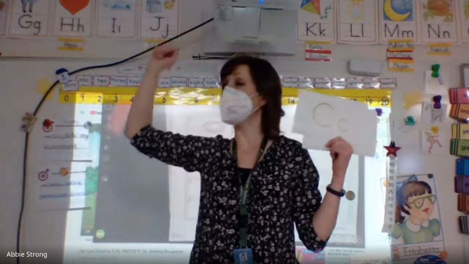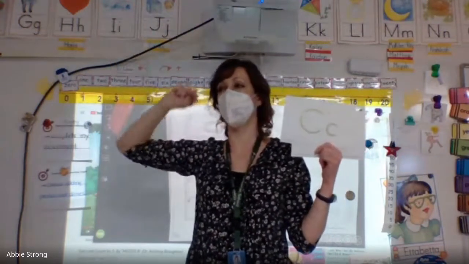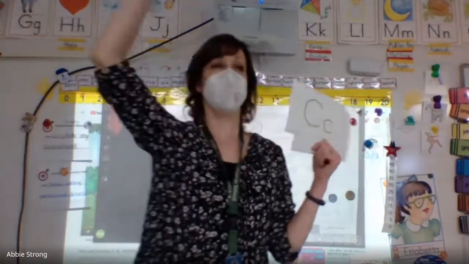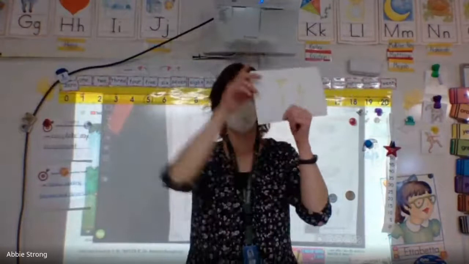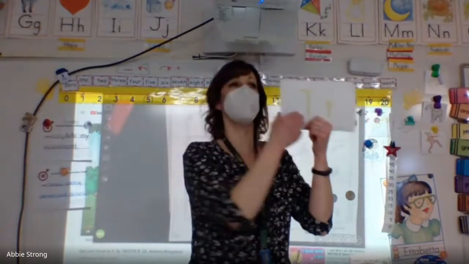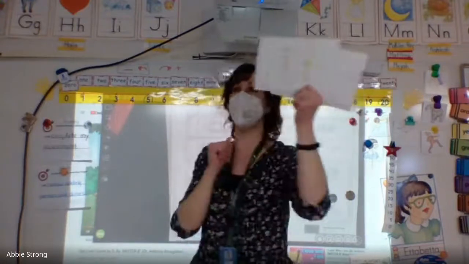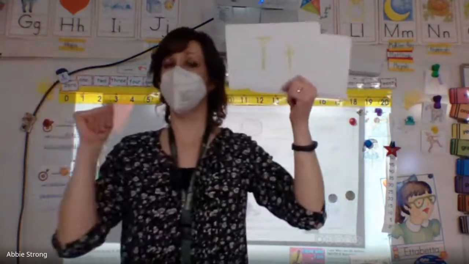Well, chocolate does start with C, but it doesn't make the k sound at the beginning of it. And Addison, cookie, good. Ready? The letter T says t. What's the word? Don't say turtle. We've done turtle a lot. What's the word that starts with T? Peyton.